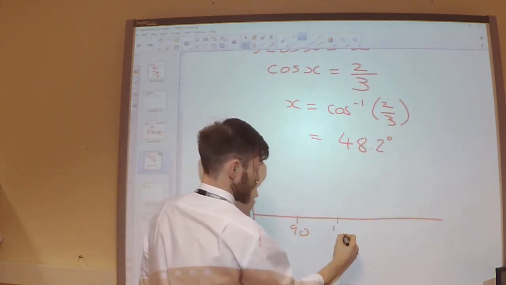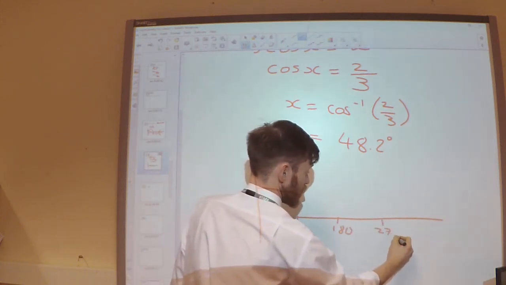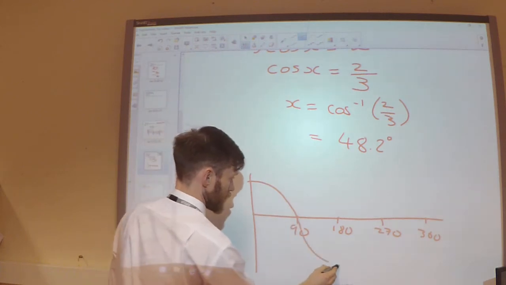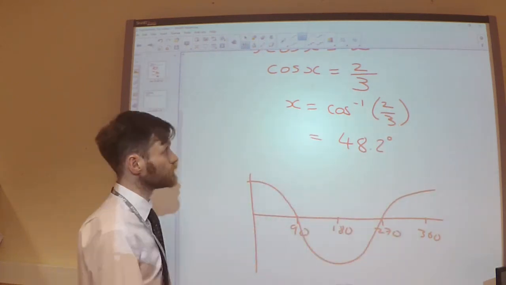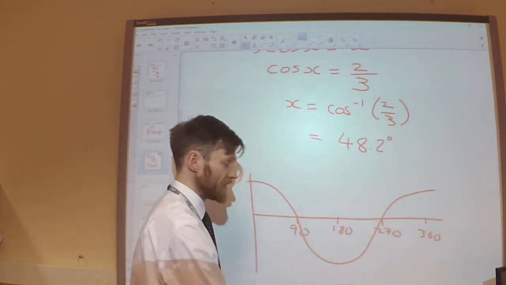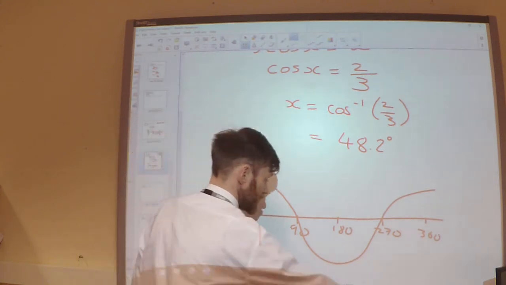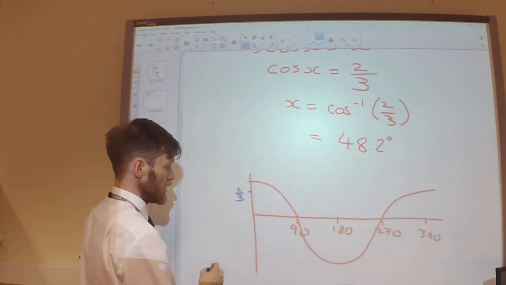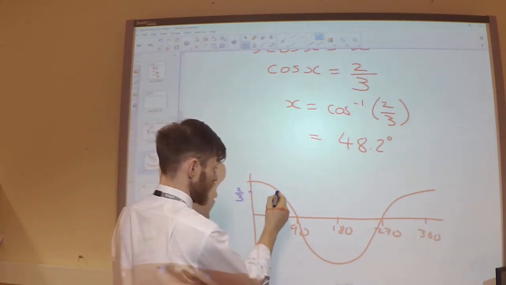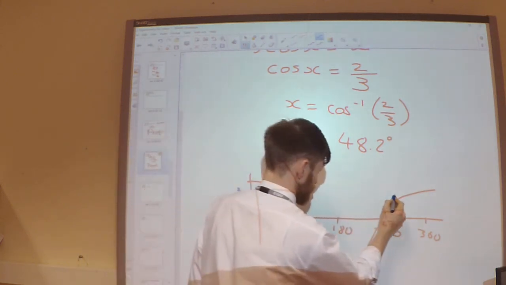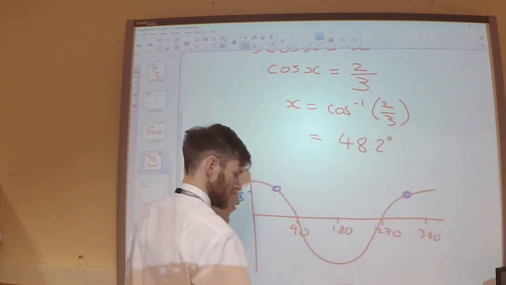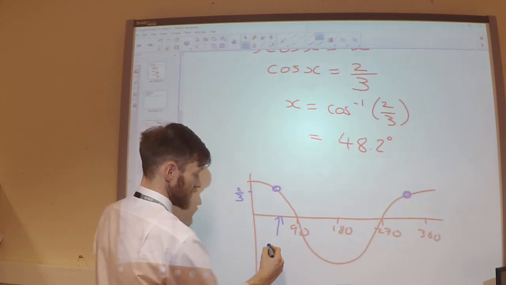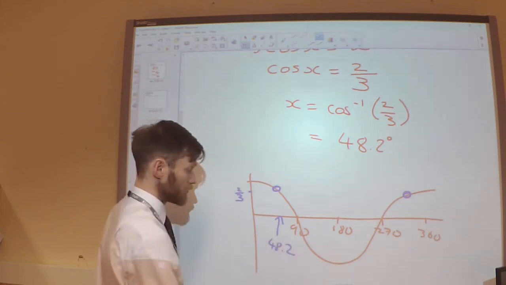So, draw a quick sketch of the cos graph. Like that. I'm trying to find when this is equal to 2/3. So 2/3 is about here. So I know it's equal to 2/3 here and there. I already know what this solution here is. It's the 48.2.